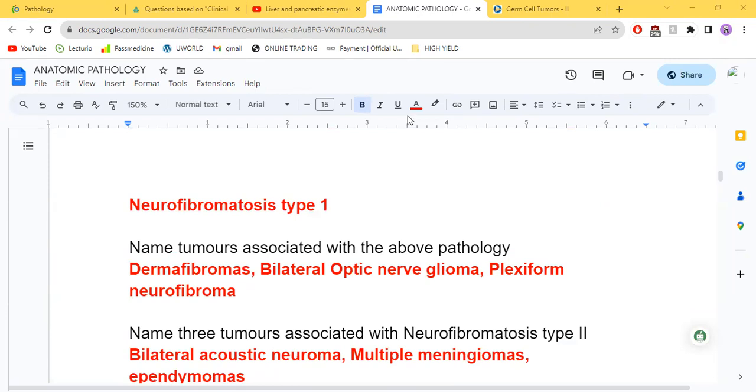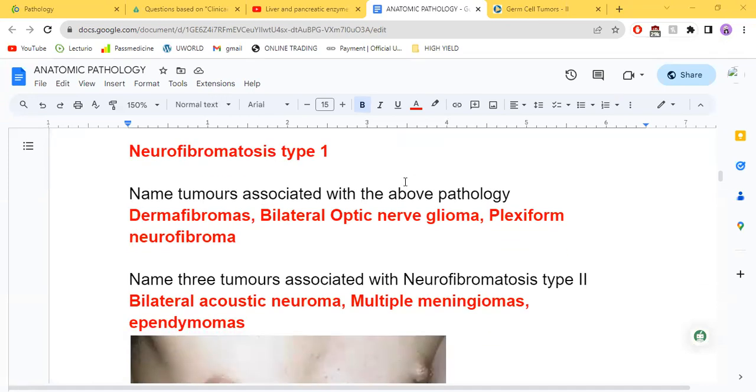That's great. And schwannoma, and multiple meningiomas. That's great. So they are the ones here on the screen. Maybe you can take a point of noting them down. And don't confuse the ones for neurofibromatosis type 1 and type 2.